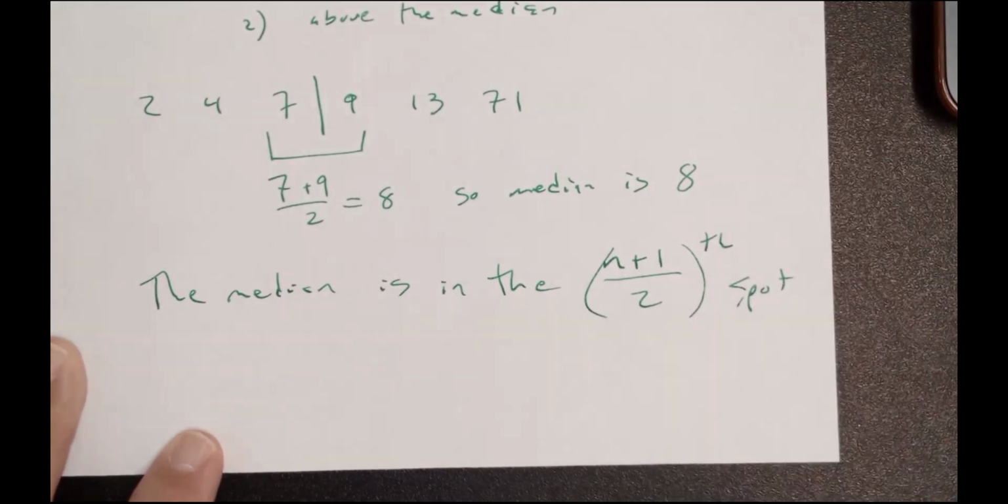If I have an odd number of things, then n plus 1 becomes even. When you divide by 2, you get a whole number. 9 plus 1 is 10. 10 over 2 is 5, the 5th thing.